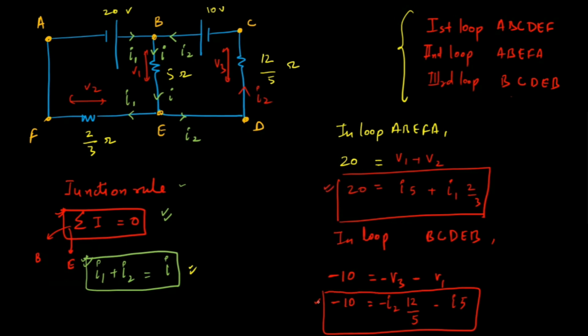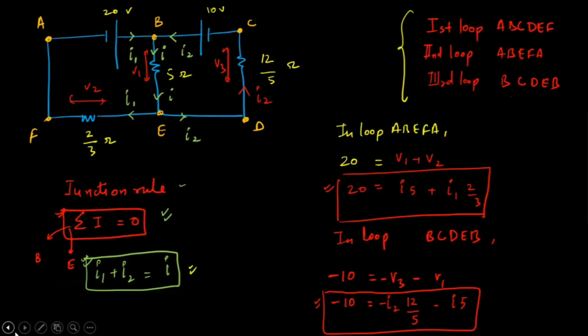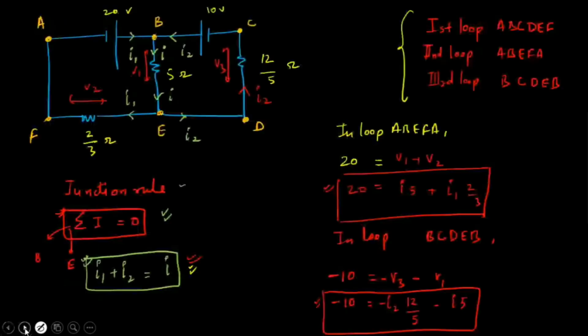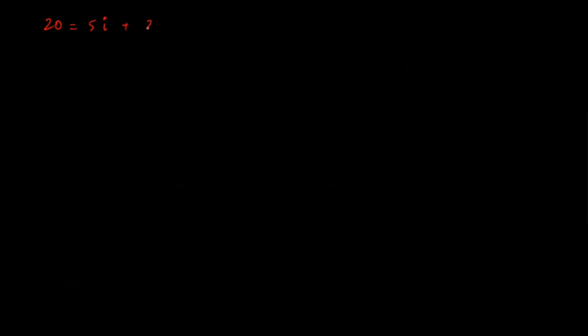These two equations need to be resolved by substituting the value of I. I1 plus I2 is I, so we'll substitute the value of I here and we get equations in I1 and I2 terms. Let us solve this. So 20 is equal to 5I plus 2 by 3 I1. I is what?